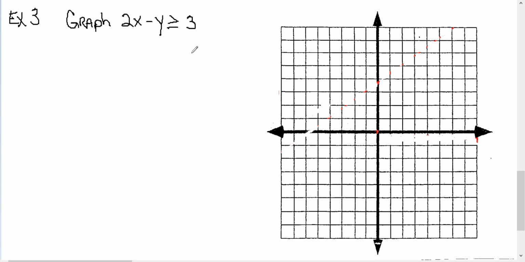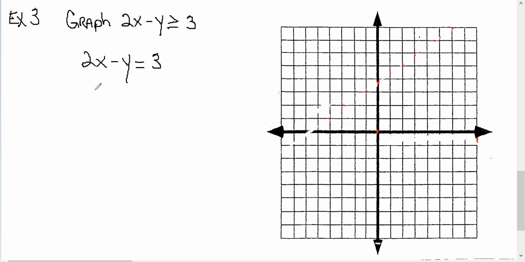Here's another one, same idea. I'm going to rewrite this with the equal sign. Let's keep in mind this inequality is telling us we're going to use a solid line. So I have 2x minus y greater than or equal to 3, which I just said I was going to replace with the equal sign.